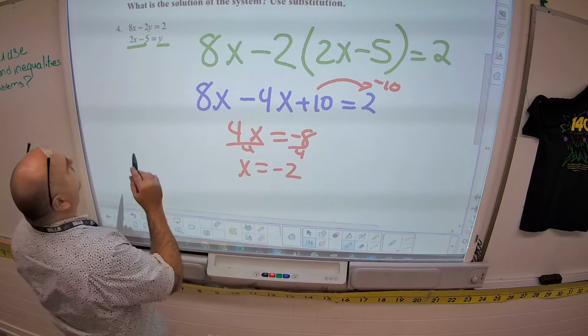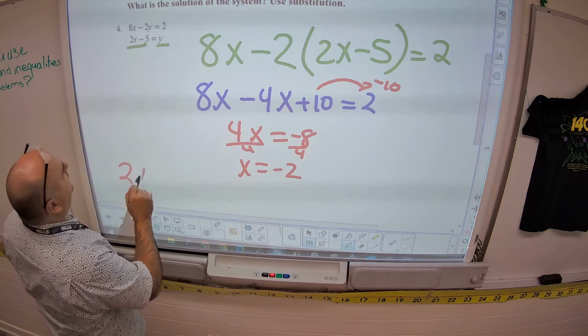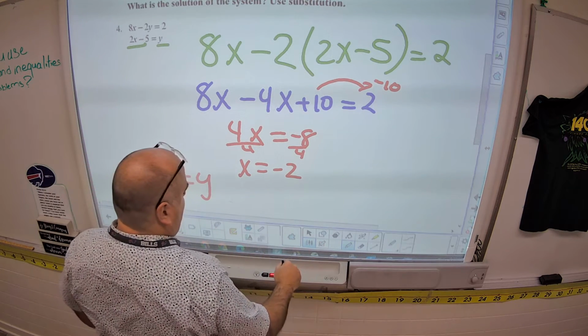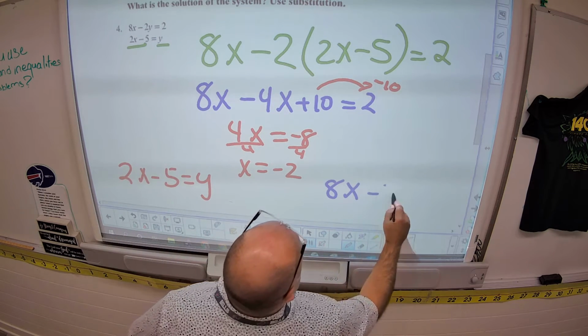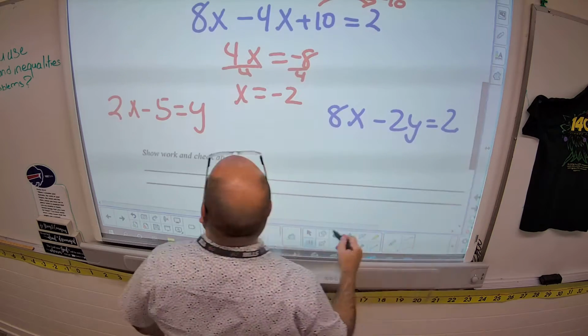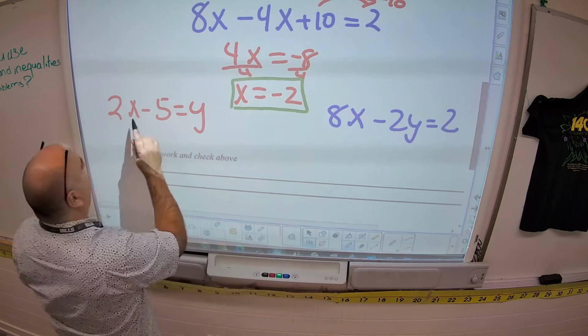Okay, if x equals -2, now I'm going to take my two equations, 2x minus 5 equals y, and my other equation, 8x minus 2y equals 2, and I'm going to plug in x equals -2 for them.